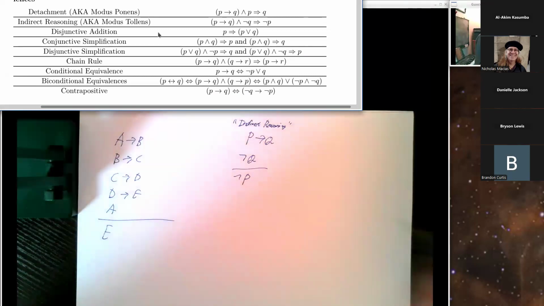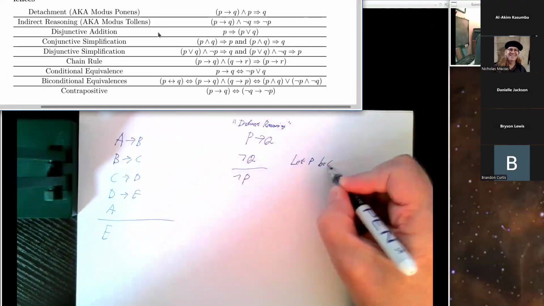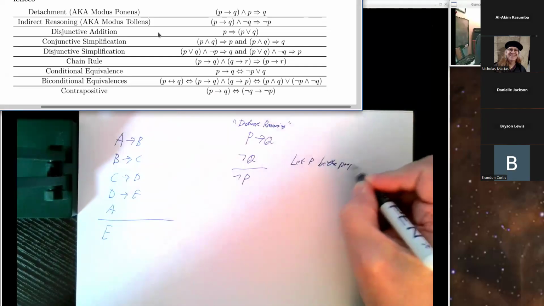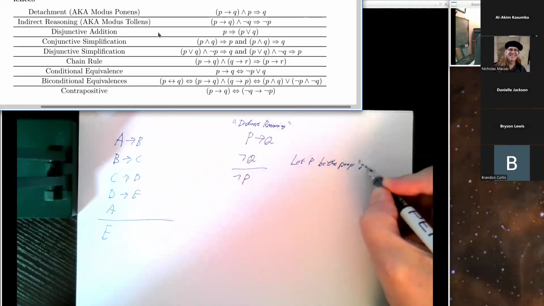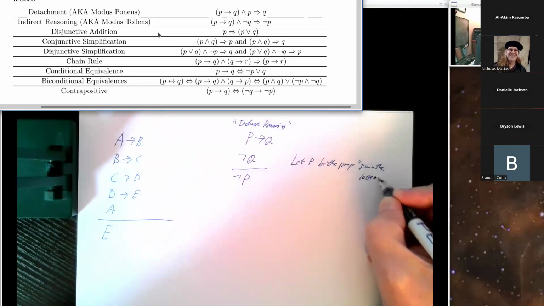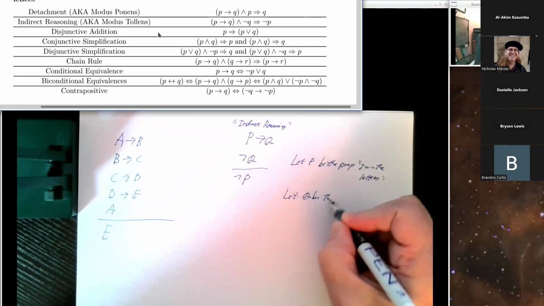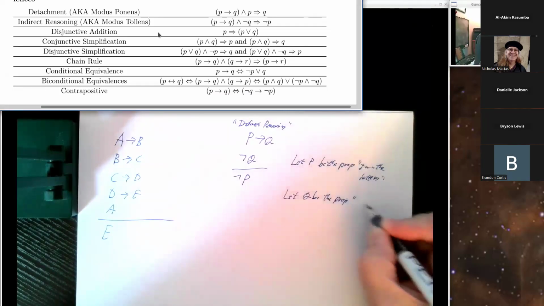All right, so let's do an example. Let P be the proposition I win the lottery. And let Q be the proposition I buy a new hat.